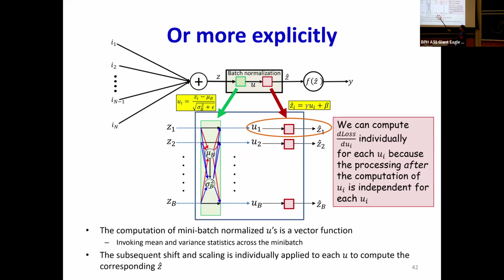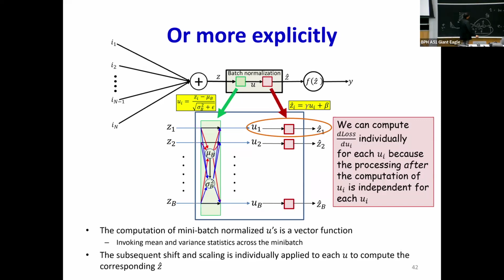Then going from here to here, I'm going to need to compute two derivatives. I have the z hat was, how did I write this? Gamma u plus beta, right? And when I'm going backwards, I would have the derivative of the loss with respect to z hat. So what is the derivative of the loss with respect to gamma for that instance? Come on, guys, this is easy. Yeah.